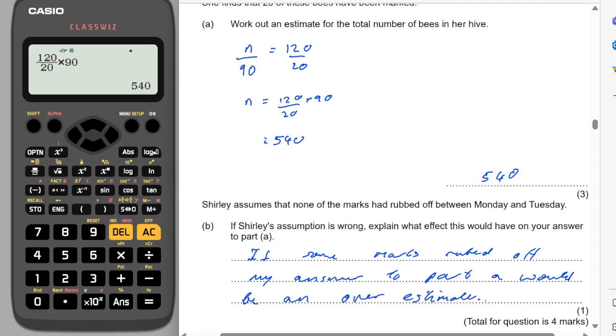Think about that correctly. So in effect, the proportion, if we still caught 20, yeah.